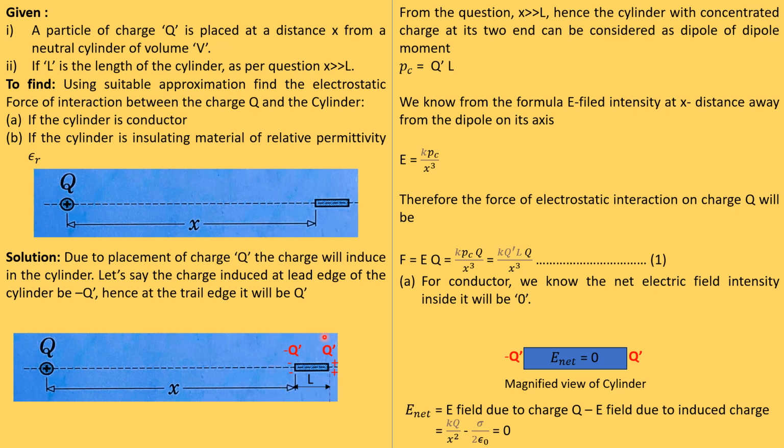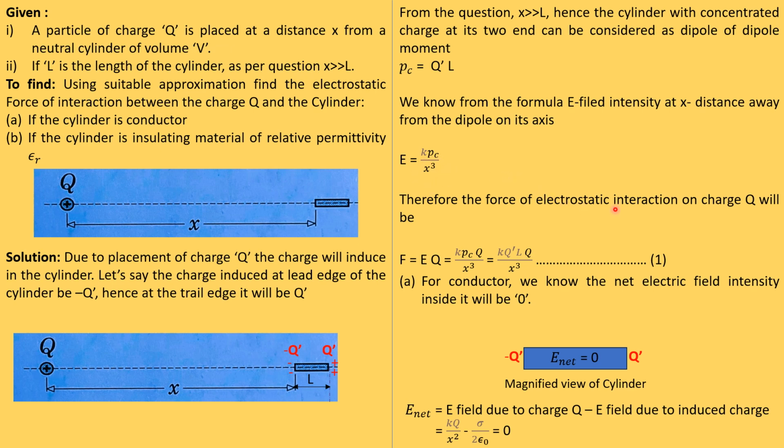So what will be the dipole moment? The cylinder after induction of charges will have dipole moment Q dash into L, by definition. Also, you know that this dipole will create an E field at a distance x away on its axis, given by K into the dipole moment divided by x cube.